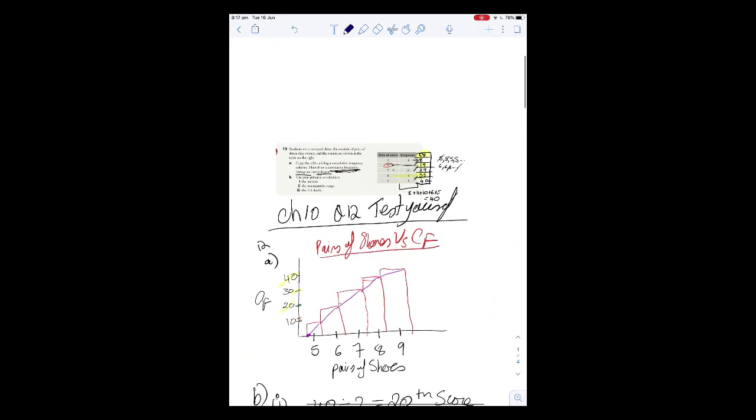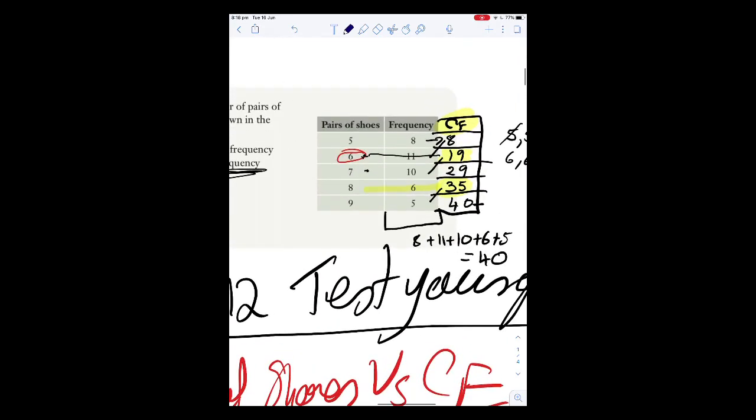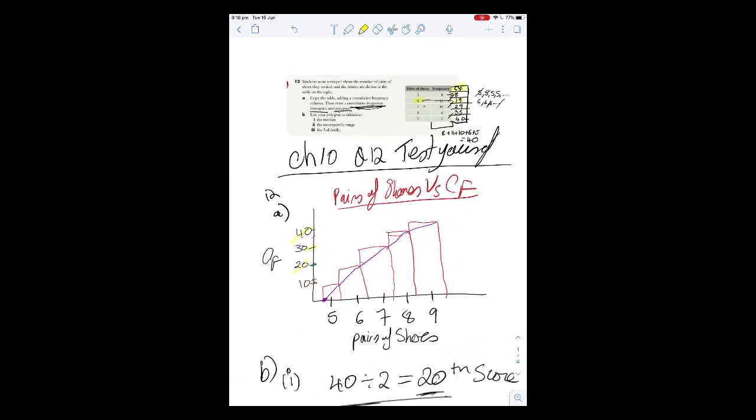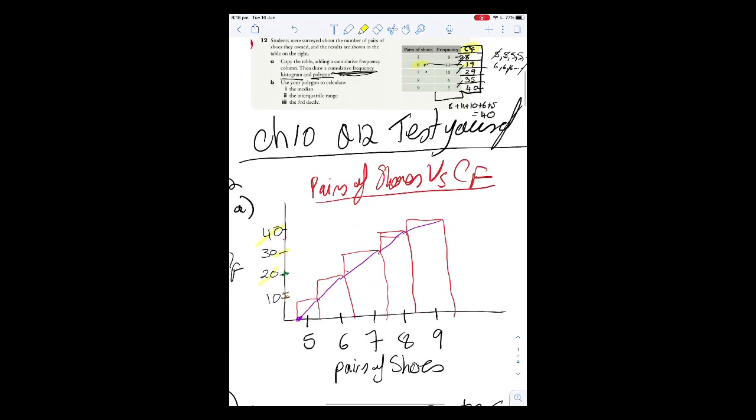Where would the 12th score be? This is so useful. The CF now becomes so much more useful because you can actually see where the 12th score is going to be. You guessed it, it's here, because that's everything less than 19. So the 12th score is there, and it's definitely 6. But let's check it with our polygon, because that's what the question asked. So the 12th score is just here, 10, 11, 12, roughly.